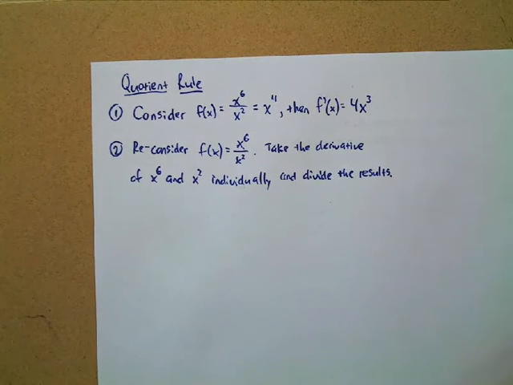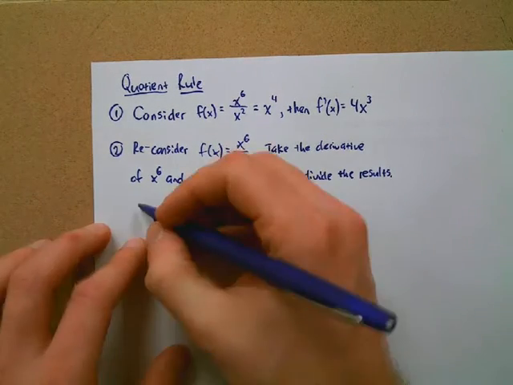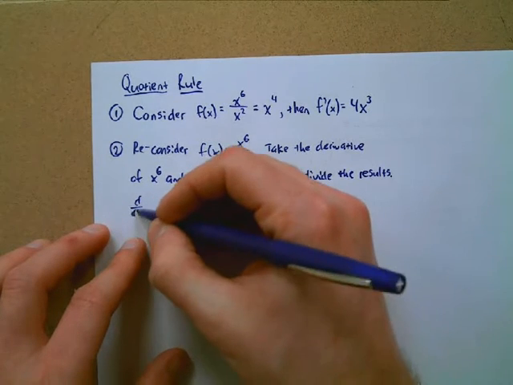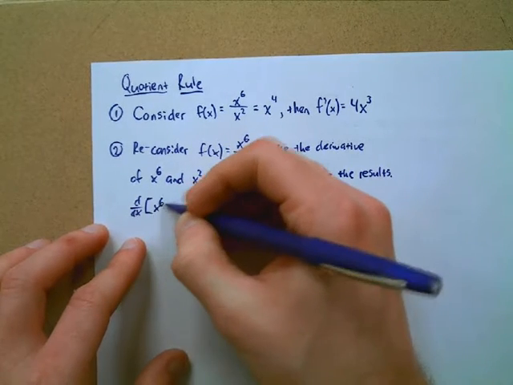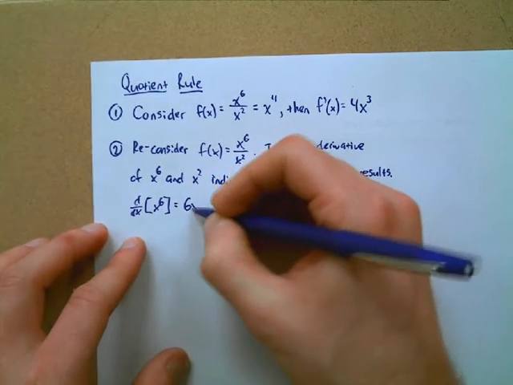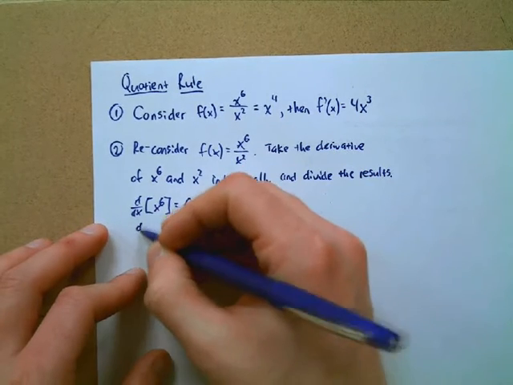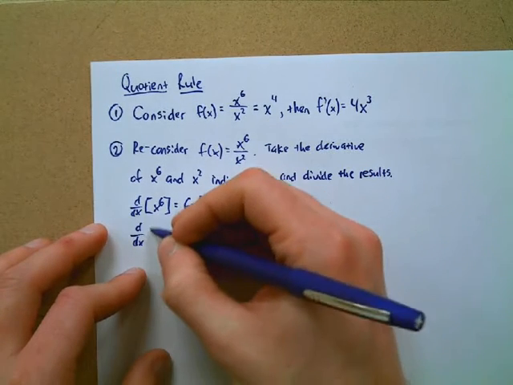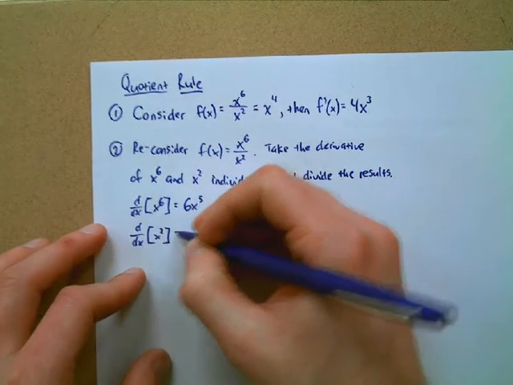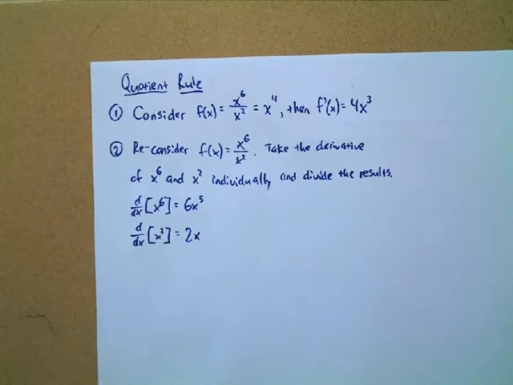So the derivative, for example, right, of x to the 6th, the derivative with respect to x of x to the 6th, so that would be 6x to the 5th. And the derivative with respect to x of x squared is going to be 2x to the 1, or just 2x there. So those are the individual derivatives, right?